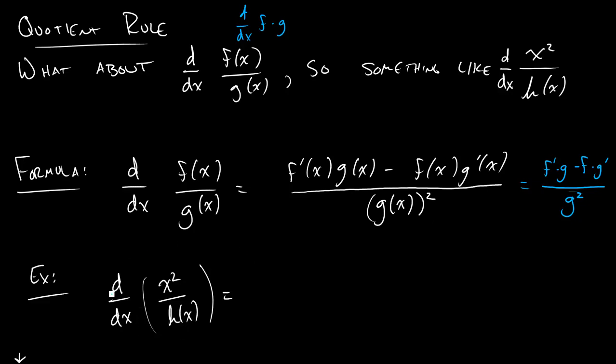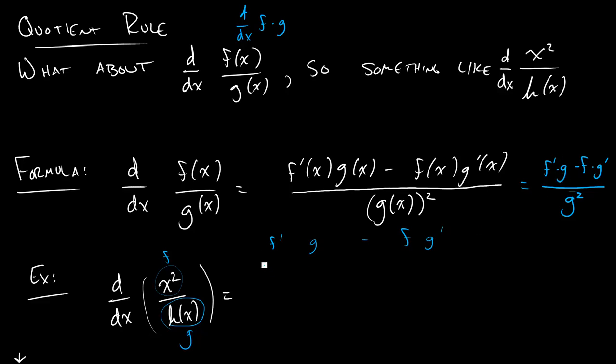So if we're going to look at the example that I offered up here, let's identify my f and my g. This is going to be f here, and this is going to be g. So on top, I want f prime g minus f g prime. And notice how the order of this matters now. The derivative of the top needs to come first.